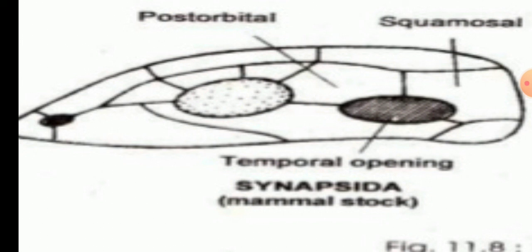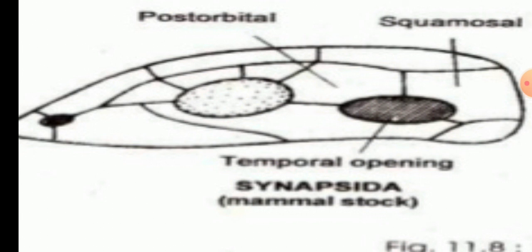That's why it is termed the infratemporal fossa. Okay, and this kind of skull is flanked or surrounded by the jugal, postorbital, squamosal and quadratojugal bones of the skull.